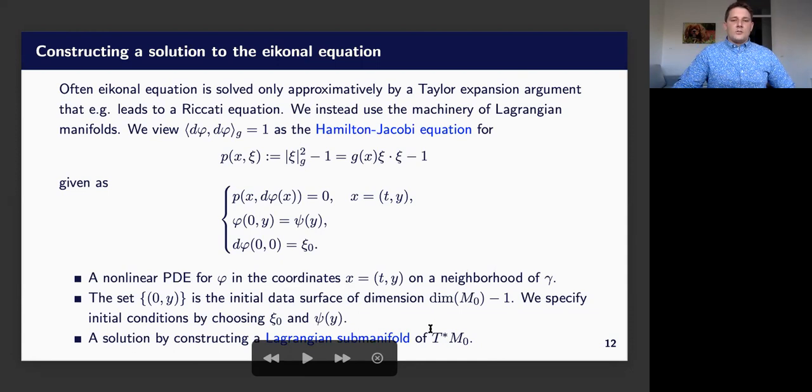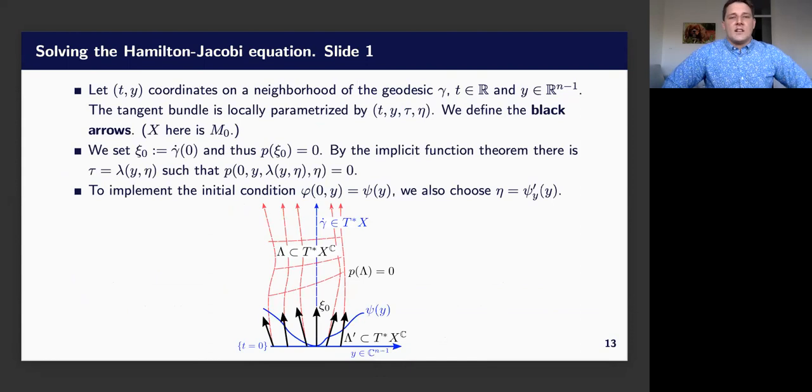And a solution for this Hamilton-Jacobi equation can be found by constructing a Lagrangian submanifold of the cotangent space of the transversal manifold as follows. Okay, so there will be 3 slides about solving the Hamilton-Jacobi equation. Let's start.